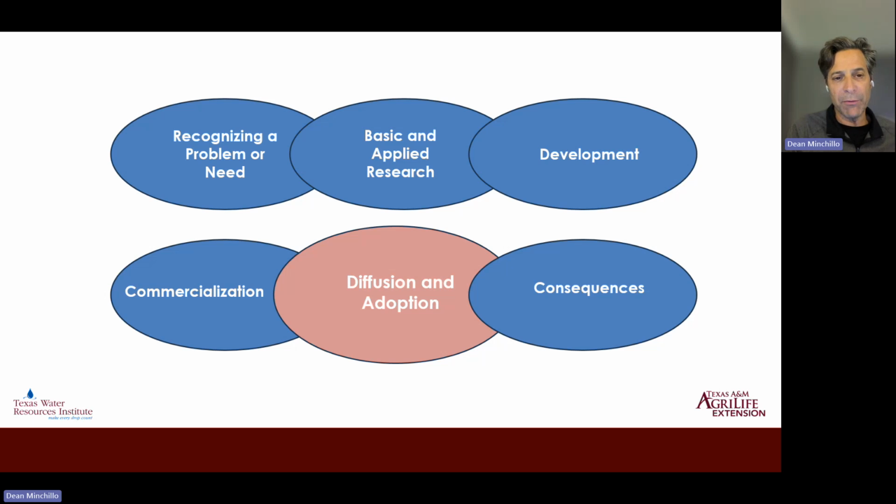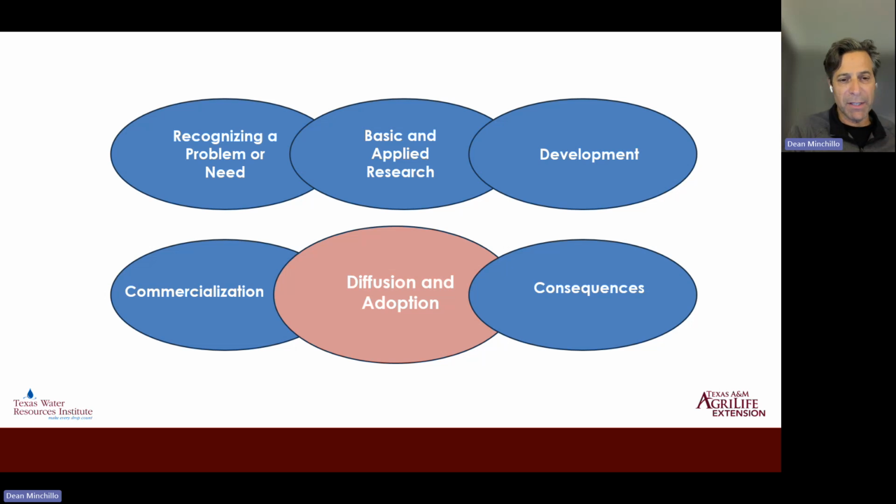What are the things we need to address those needs? Then we'll start developing it, whether it's a tangible product or a program, there'll be some development involved. And once that development is done, the product needs to be commercialized.